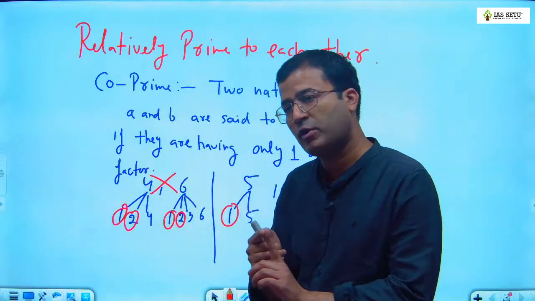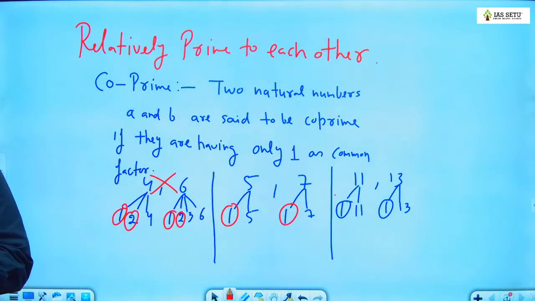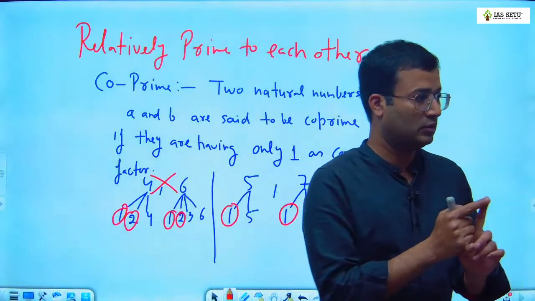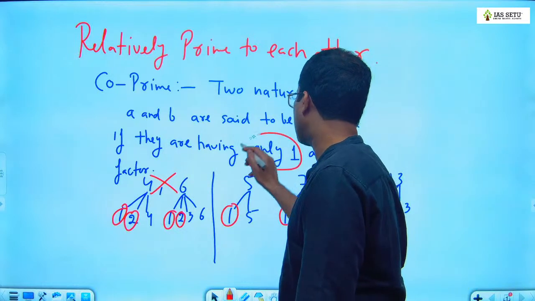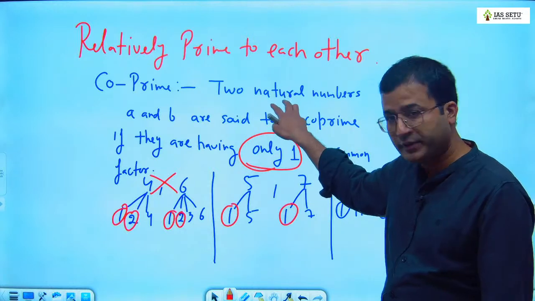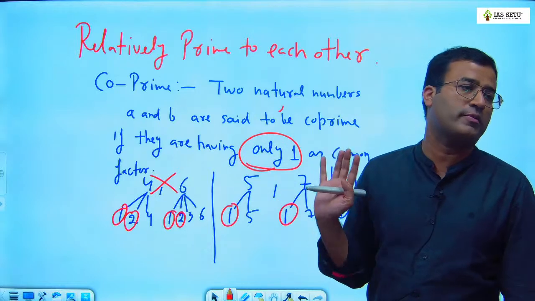First, clarity about the definition. You have to remember one thing. Two natural numbers A and B are said to be co-prime if they have only one, don't just say one, only one as a common factor. So it means there are two conditions. It should be natural numbers, and the second condition is there should be only one as a common factor.